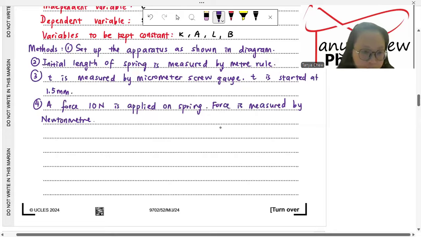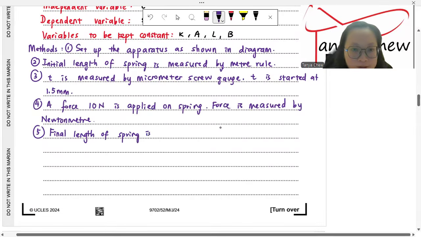And then part 5, once the force is applied, of course, the spring will extend, right? Now I need to measure the final length. Final length of spring is measured by meter rule again.